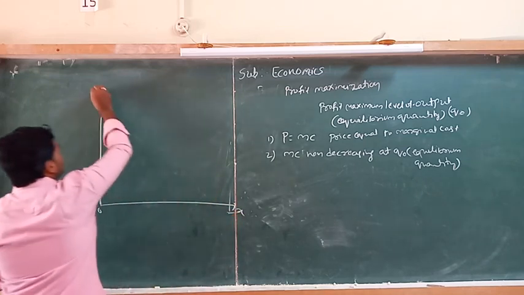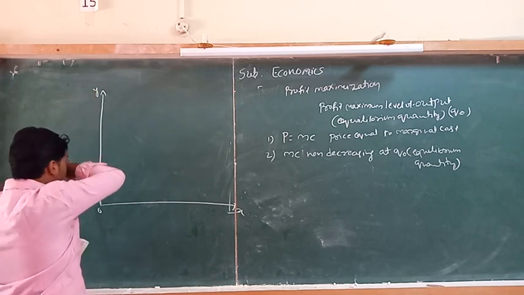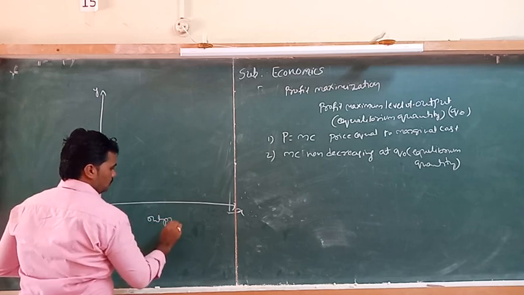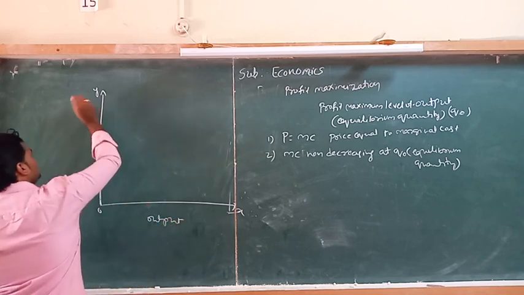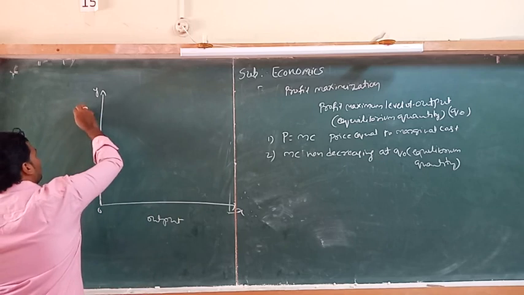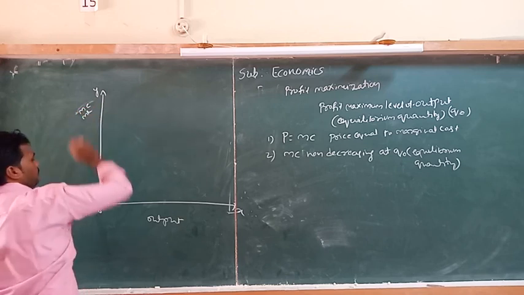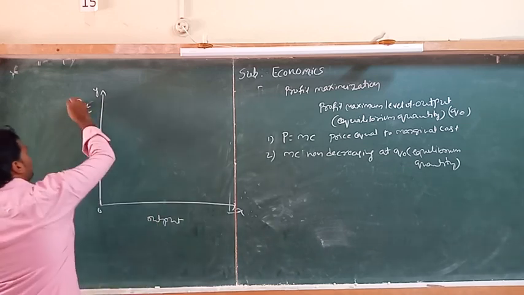This is the x-axis, this is the y-axis. Output. This is marginal cost, in short form we call it MC, and marginal revenue. Then the price line, price.